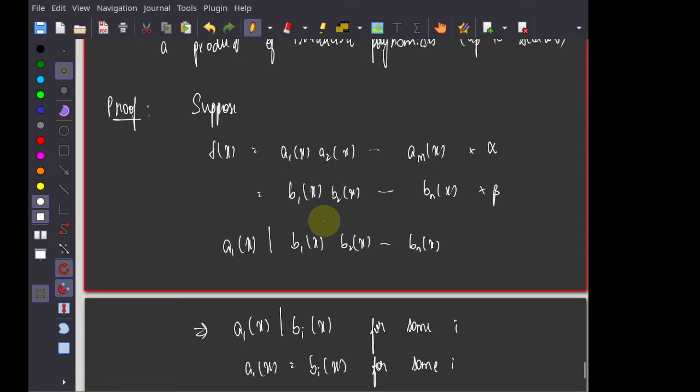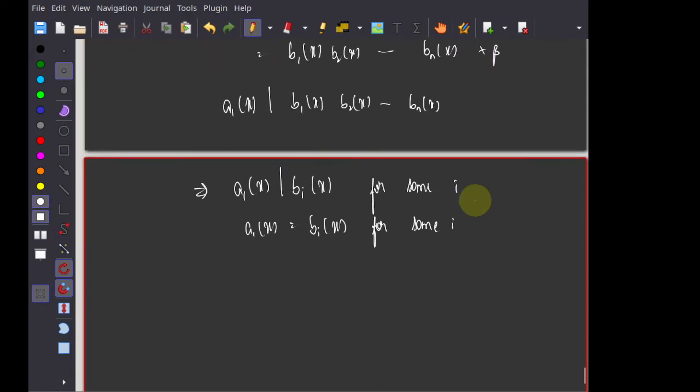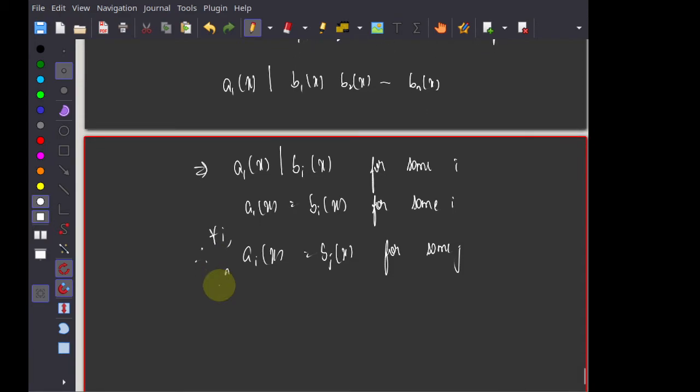That must imply that on the right hand side I also have the same scalar. I can't have anything else, so the factorizations are exactly the same. So over any field, a polynomial can always be uniquely factorized as a product of irreducible polynomials.